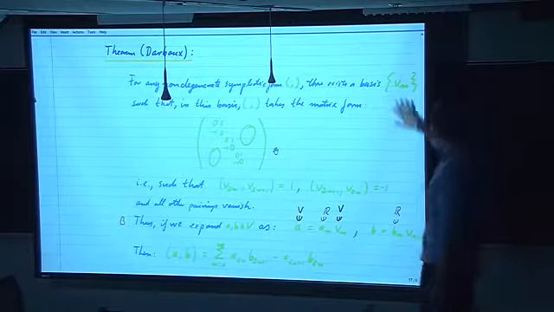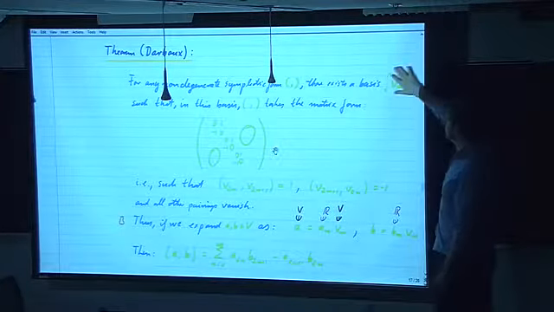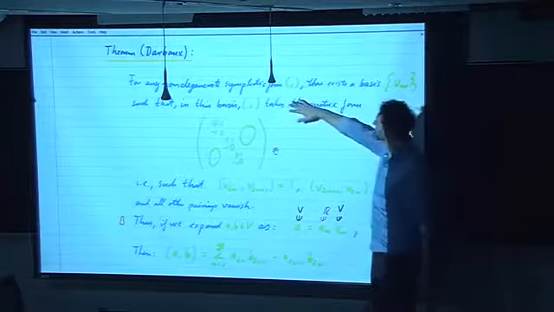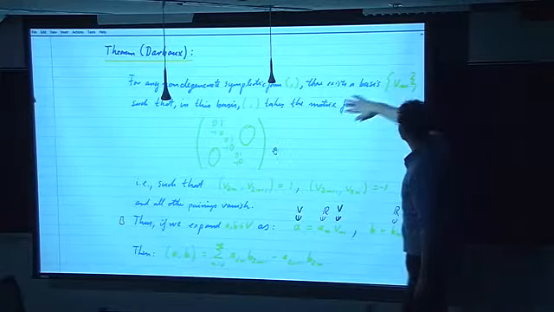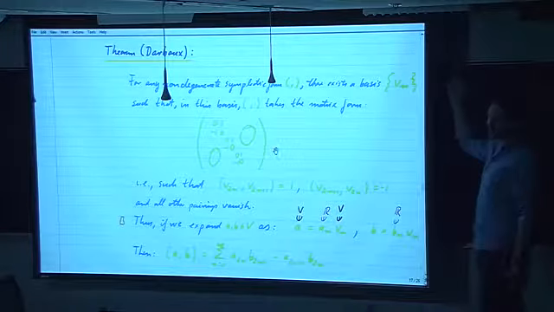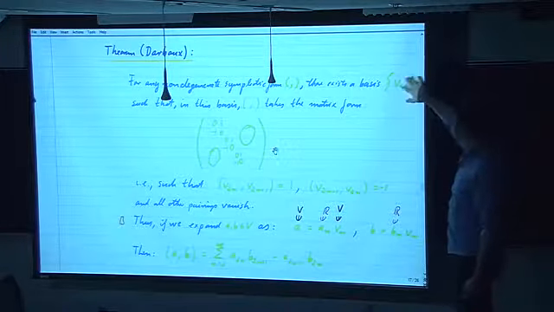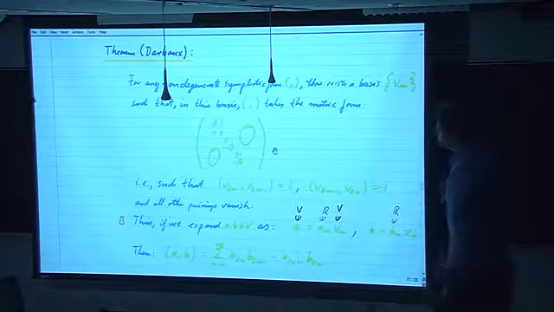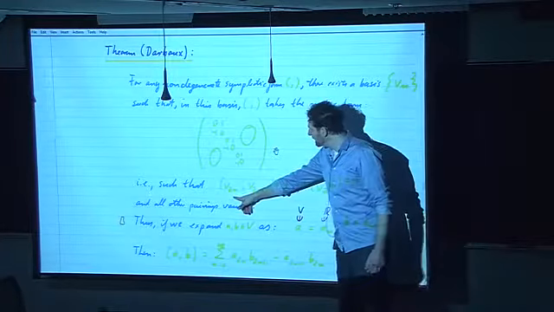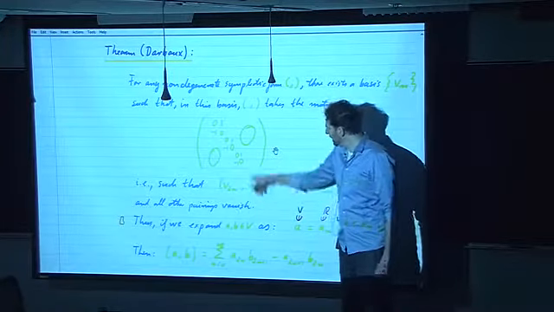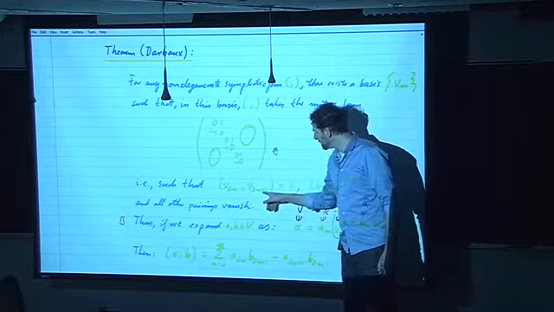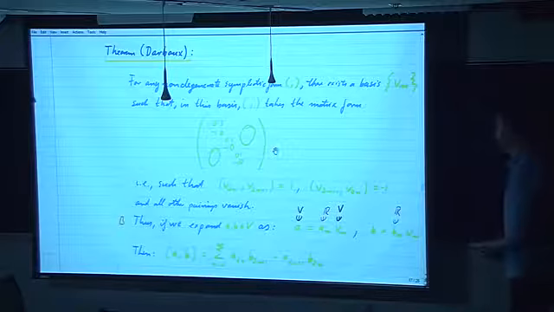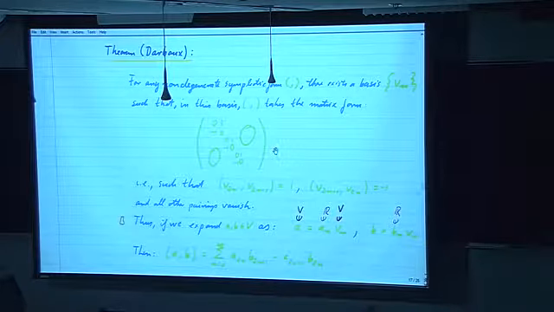What Darboux's theorem says is that when we have a vector space with a symplectic form on it, then there exists a basis, in our case a basis of functions that solve the Klein-Gordon equation, a basis Vn such that in that basis, this is how the symplectic form looks like. Concretely, the symplectic form of V2n with V2n plus 1 is 1, and 2n plus 1 with 2n is minus 1. And all the other components vanish.